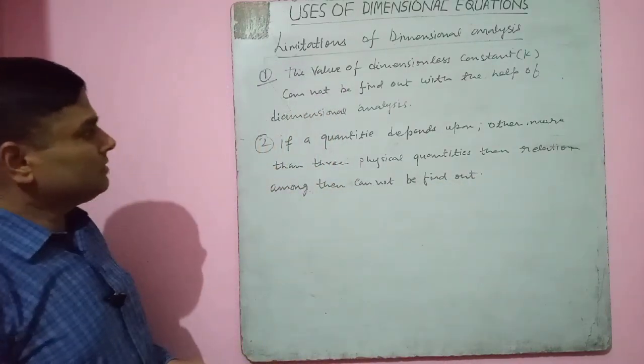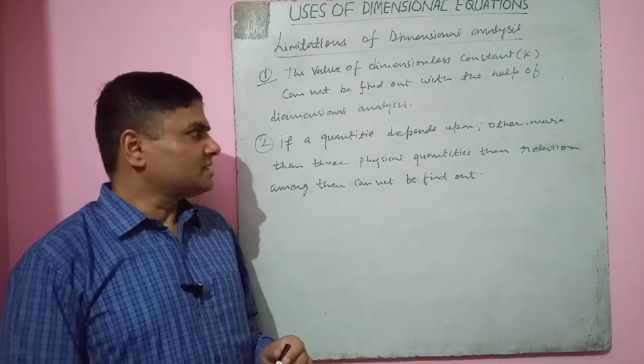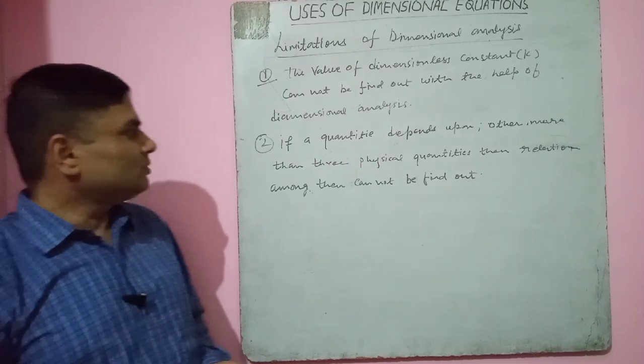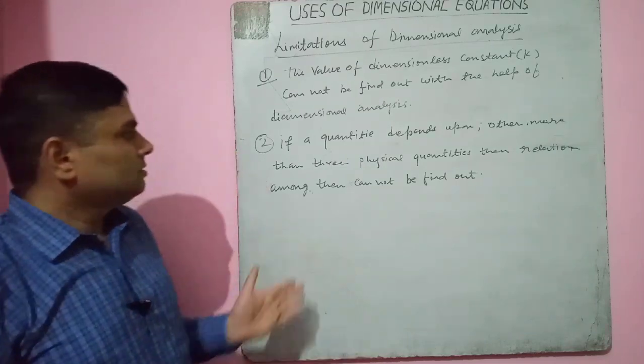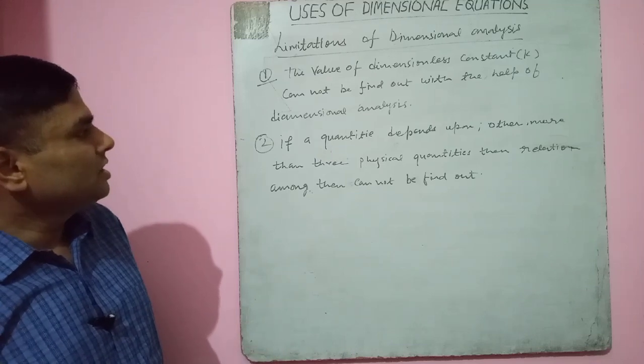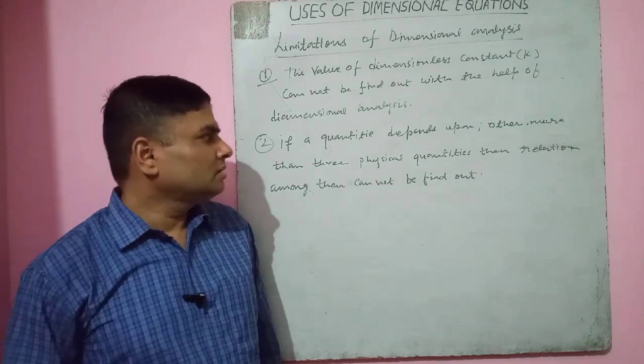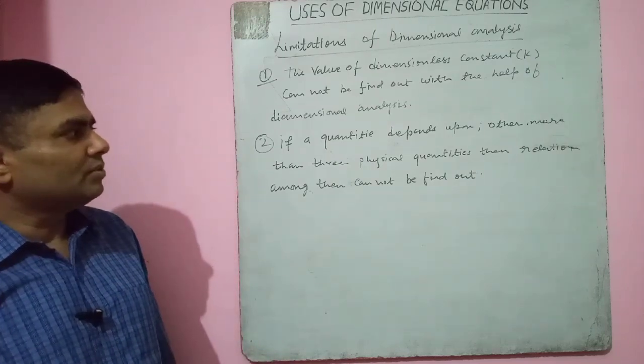This means if a quantity depends on more than three other quantities, then we cannot establish a relation between them.